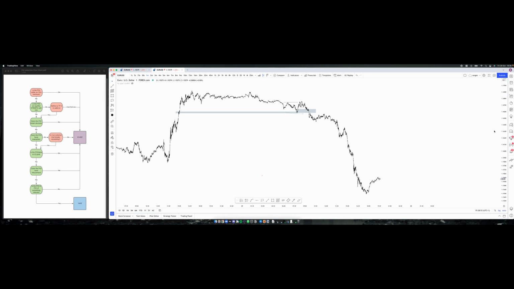I have a quick question. Fire away, brother. It's about hedging. When you hedge, do you take off risk at 4R, or do you let it run? I take off risk at 4R on every single trade I take.